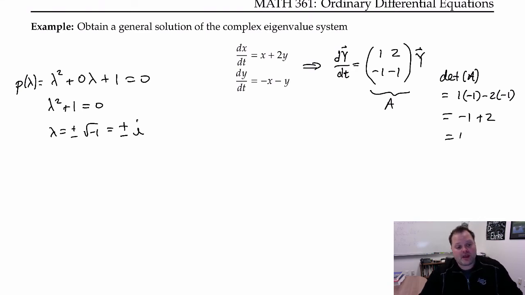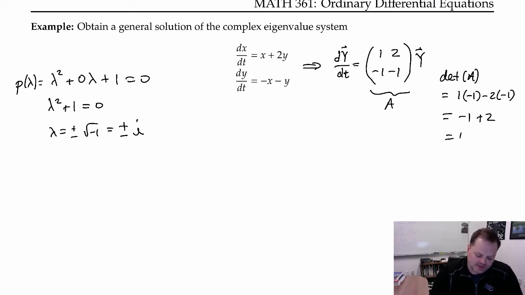Rather than take each eigenvalue and figure out each associated eigenvector, according to the previous theorem all we need is one eigenvalue. If we find the complex solution for, say, just i, we can break it up into real and imaginary parts to solve the system. And that's what we're going to do.